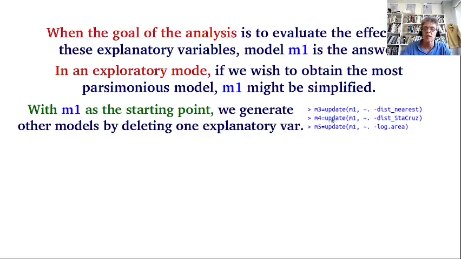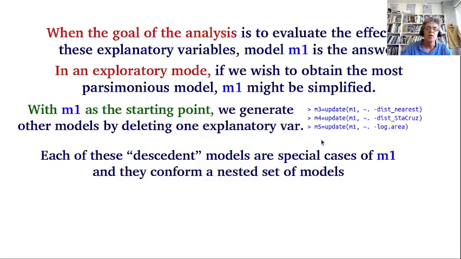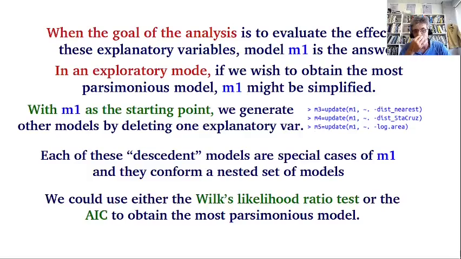This is accomplished by the command update, which takes M1 as a starting point and deletes one explanatory variable at a time to generate the models M3, M4, and M5. These descendant models are all, of course, special cases of M1, and they form a nested set of models. We could use either the Wilks log likelihood ratio test or the AIC to obtain the most parsimonious model, that is, to select between M1, M3, M4, and M5.